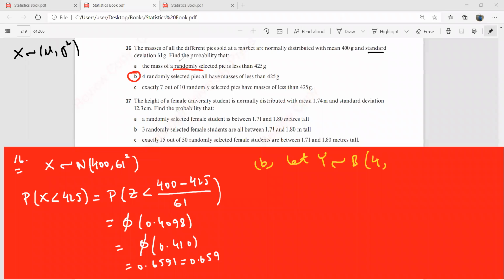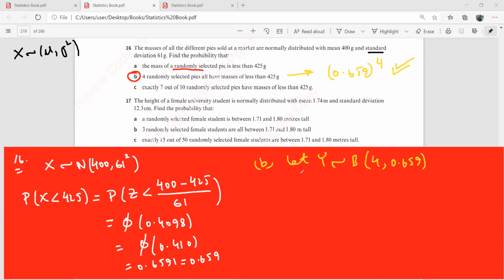He's talking about less than 425 grams. We have found that probability in part A, so this is 0.659. So this is a binomial distribution. Yes, you could directly find this the way one of you was telling, that this is going to be 0.659 raised to power 4. That was perfectly all right, and you will be getting full marks.